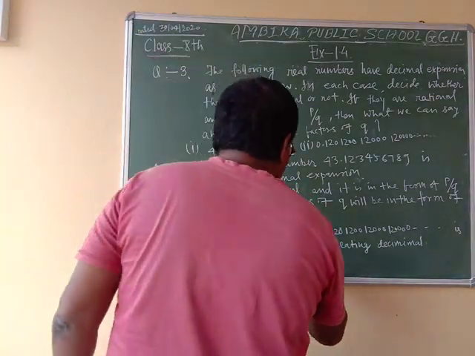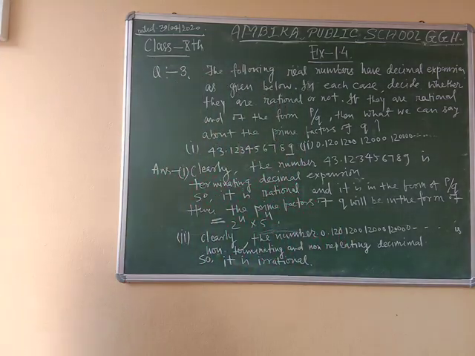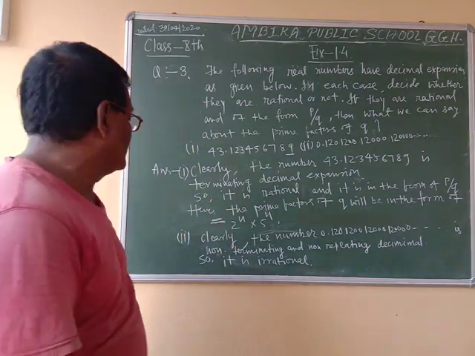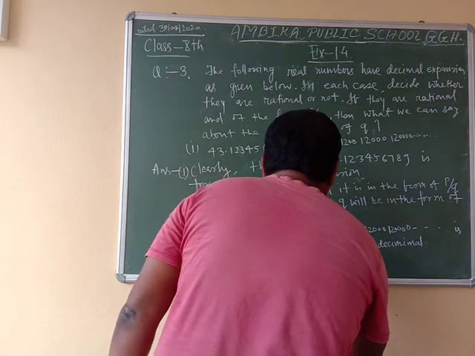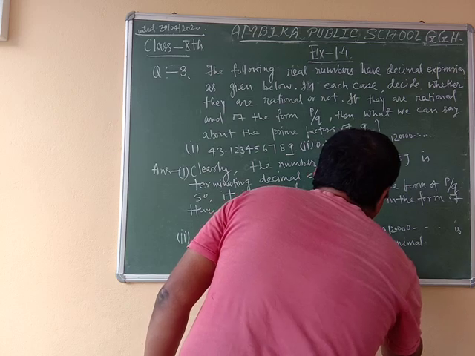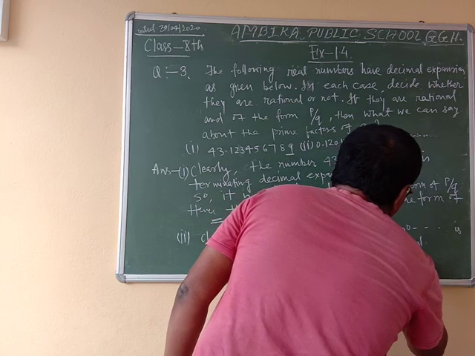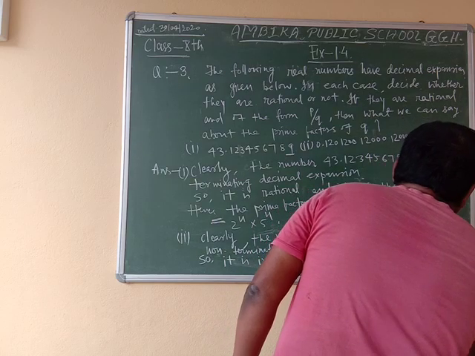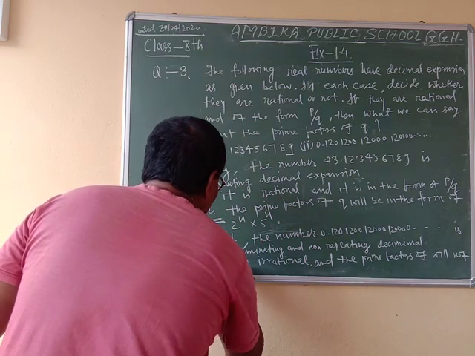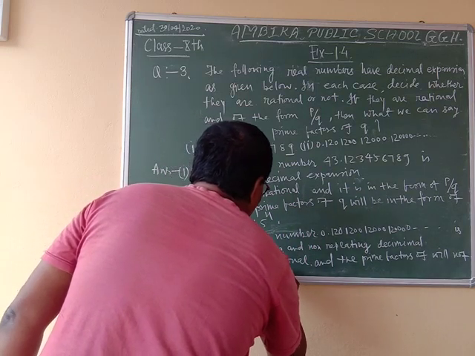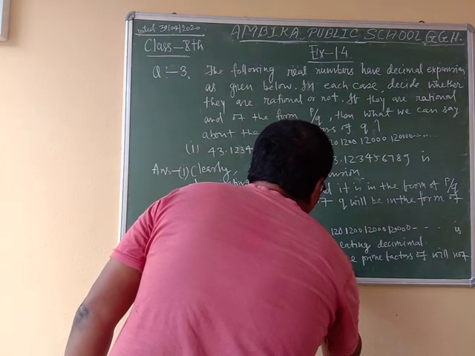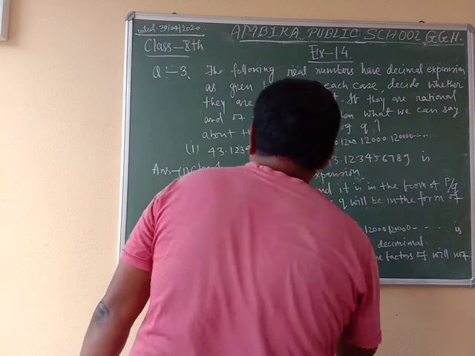So it is irrational, and an irrational number cannot be expressed in the form of P by Q, and the prime factors of Q will not be in the form of 2 to the power n into 5 to the power m.